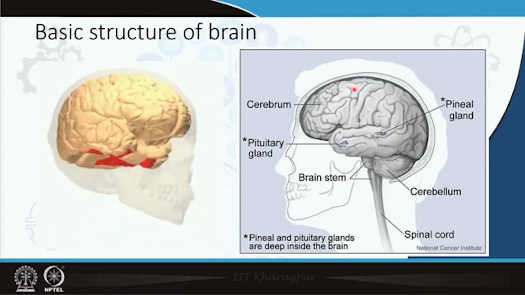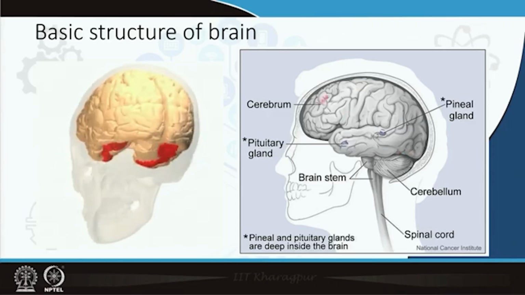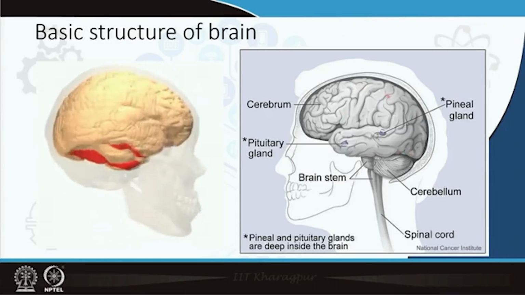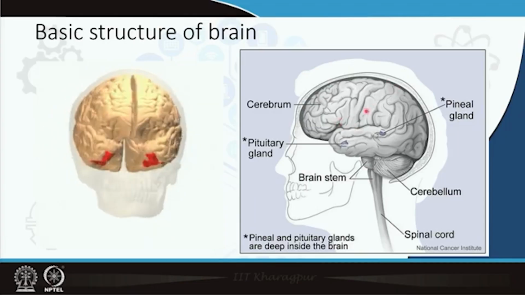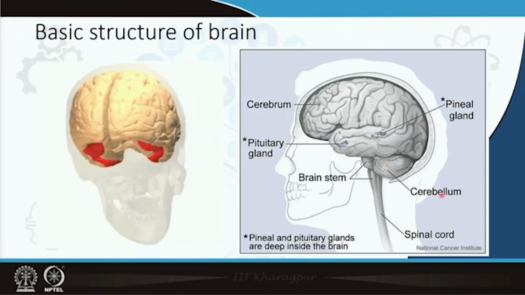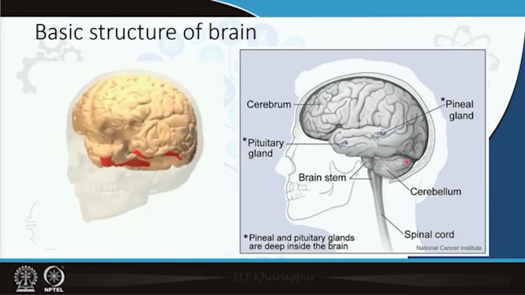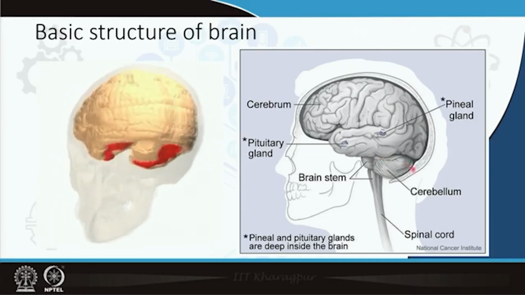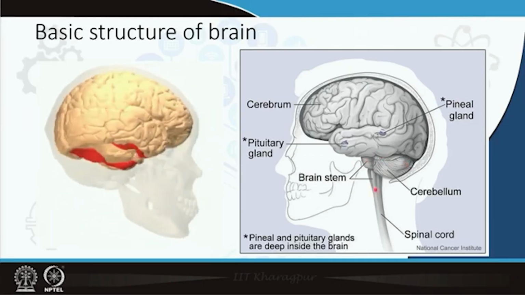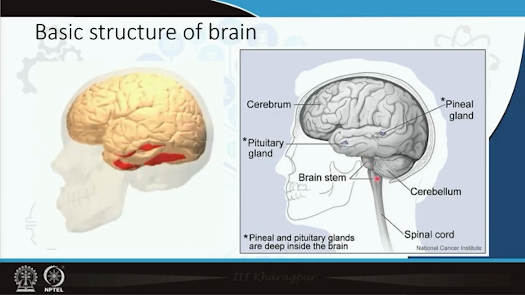So, very crudely, your brain can be divided into three main parts. The top part is cerebrum. The bottom part, the so called hindbrain or small brain, is cerebellum, which is basically Latin for small brain. This is the cerebellum part, and then it is connected with the spinal cord using this thing called a brain stem.